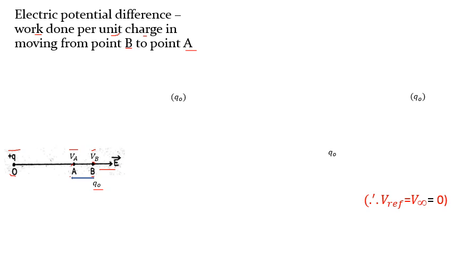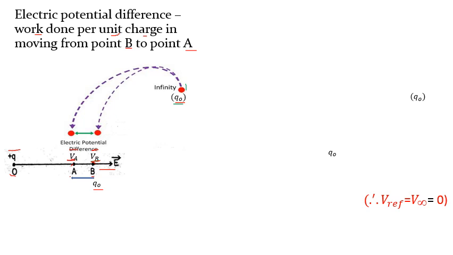Now see, what is this VB? It is nothing but the work done to bring this test charge from infinity to the point B, which is VB. Similarly, VA is the electric potential, the work done to bring the unit test charge from infinity to this particular point A. So VB is the electric potential at B, while VA is the electric potential at A.